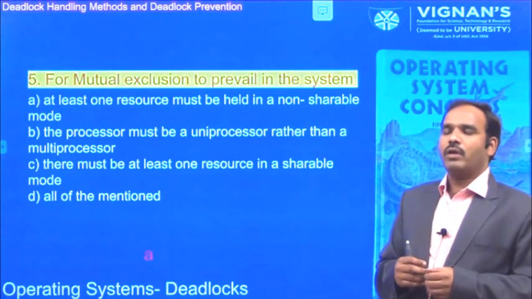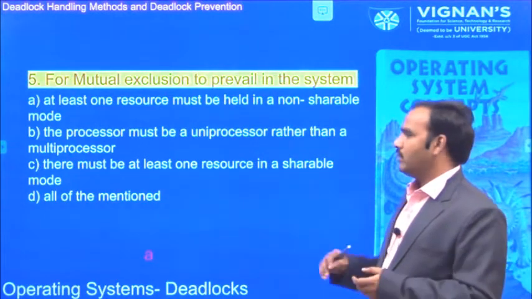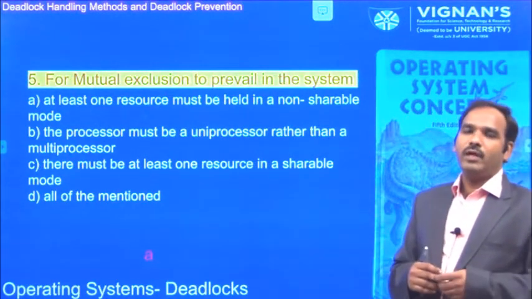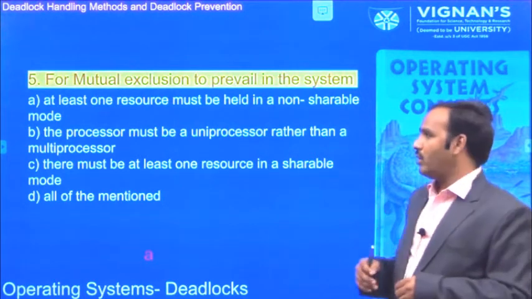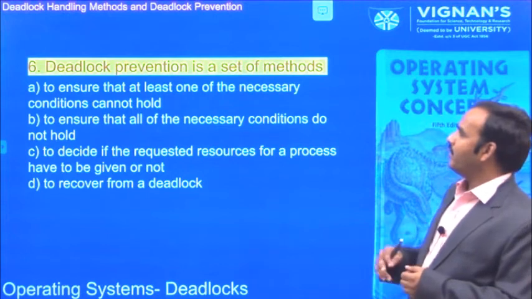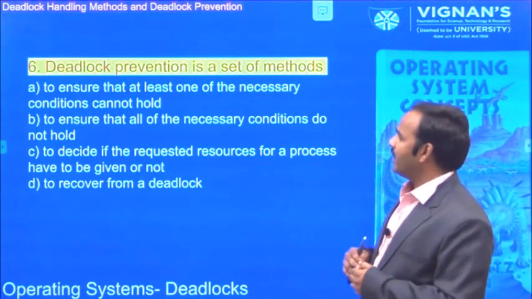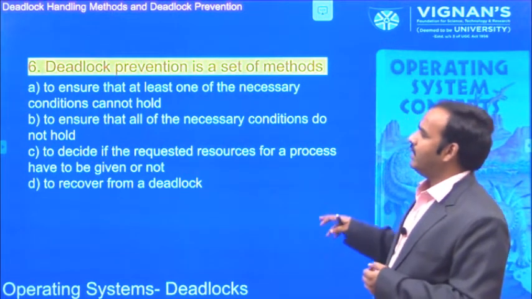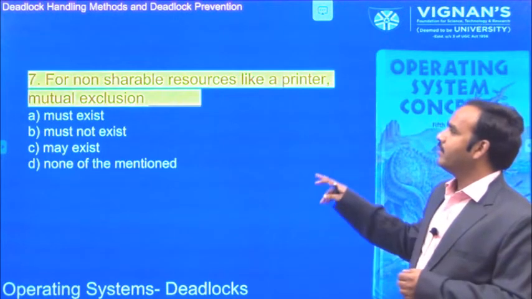If you keep any one process in non-shareable mode, it is not possible to eliminate. Deadlock prevention is a set of methods to ensure that at least one of the necessary conditions cannot hold. The answer is A.